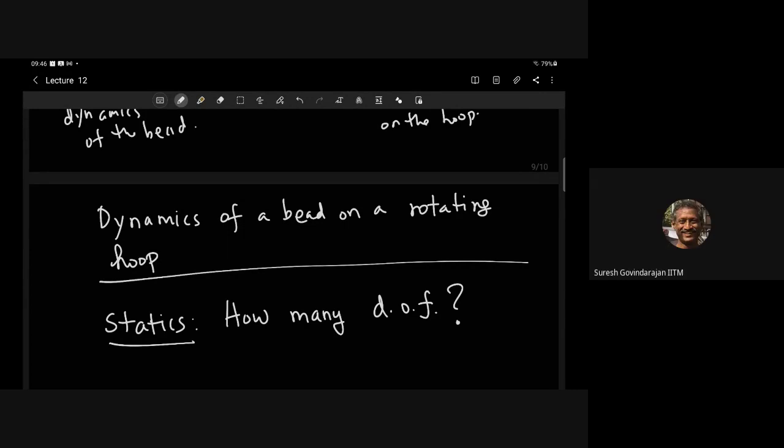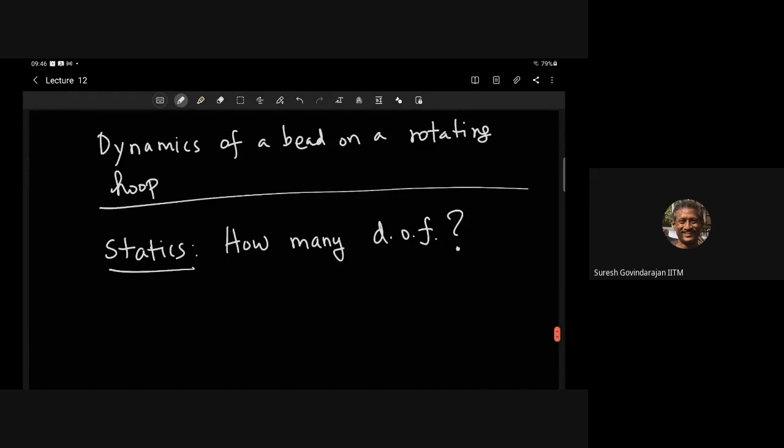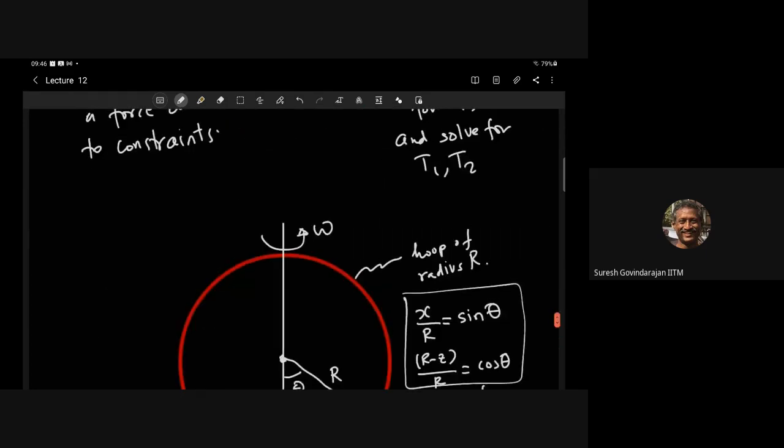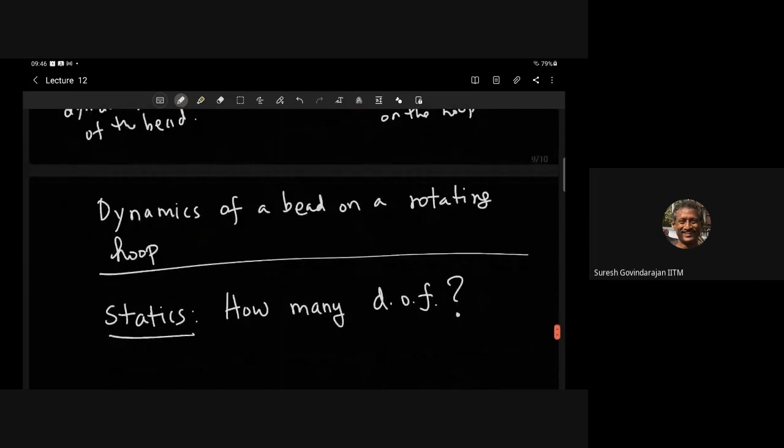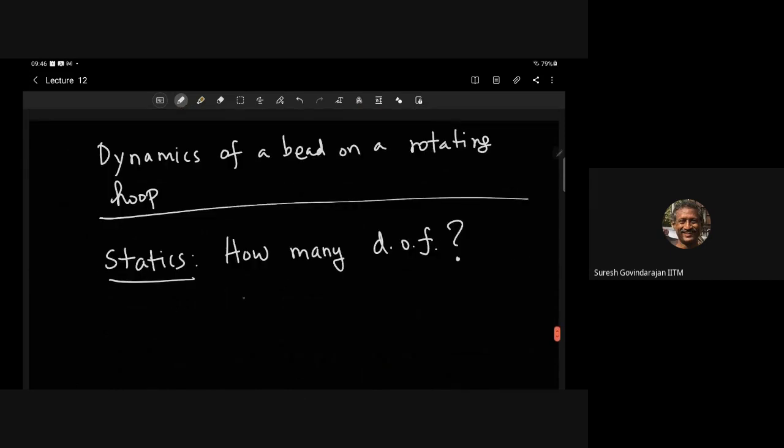But that's a given number, right? It's some constant. Omega is given to you, so there's no equation to it. Then it reduces to 1. Naively you would think 2, but we are just saying this hoop is being rotated with constant angular velocity. So if you know it at some time, after that it's trivial. So effectively, it's 1 degree of freedom. I'm not going to say that 2 is totally wrong, but 1 degree of freedom, and we can choose it to be theta or x.